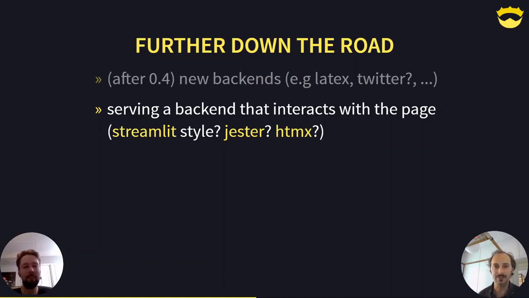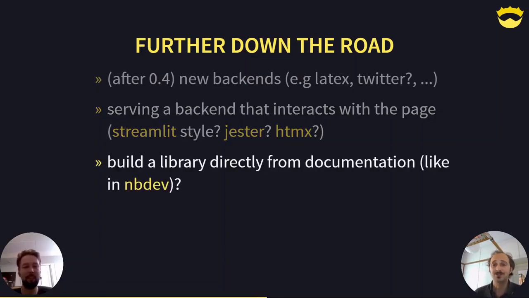Actually, in part, Nimib API is inspired by working with Streamlit, which is a Python library. And then we will have to put a backend, could be a standard Jester backend, and maybe for interaction between client and server, we use HTMX. Who knows? This is still all in the air, but it's nice to think about that.